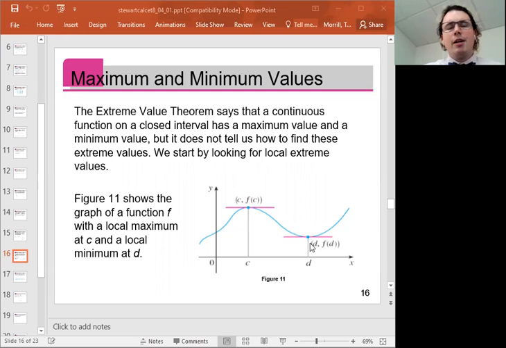And over here, the tangent line to the function at this minimum point is also horizontal. So maybe it is that extreme values always have the tangent line being horizontal.